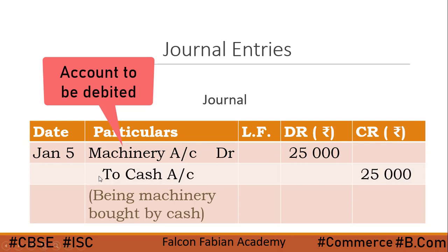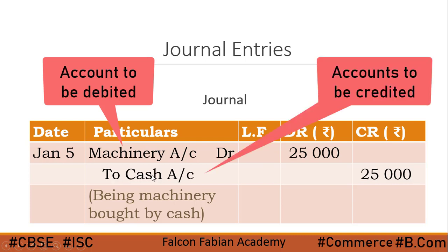Then in the second line, we will leave some space and write the name of the account that needs to be credited. It always needs to begin with the word to and followed by A/C. So to cash account, and in the credit column we write the amount 25,000.